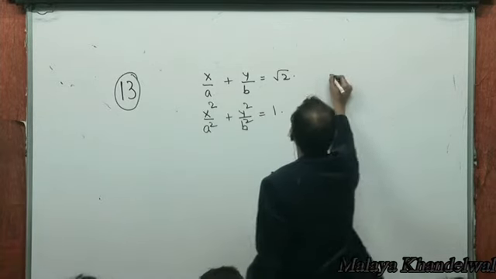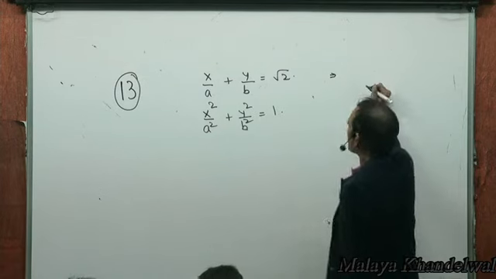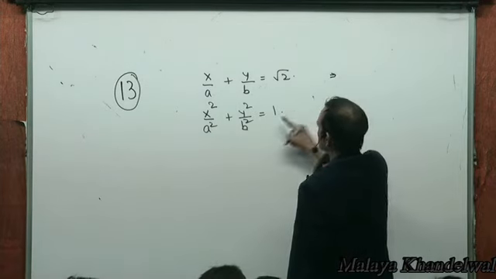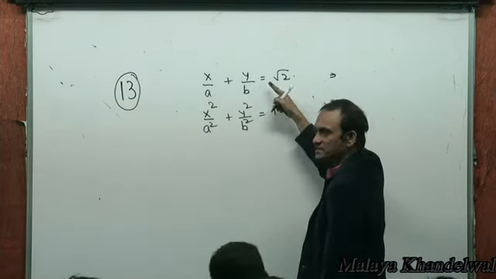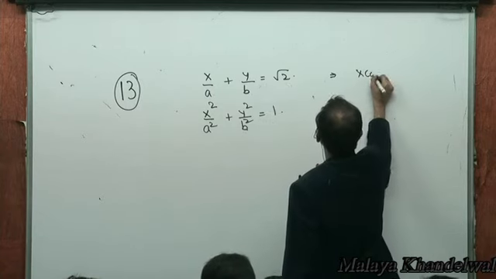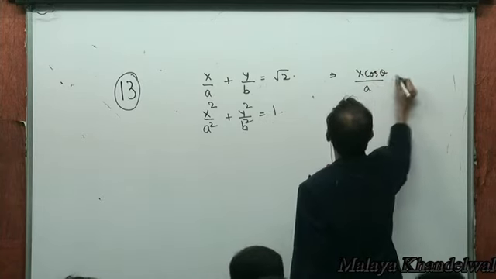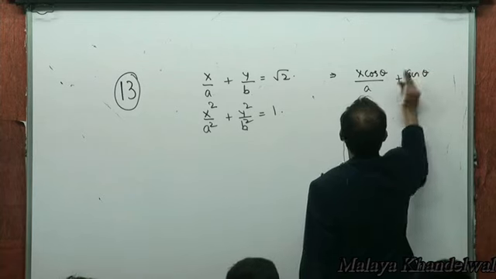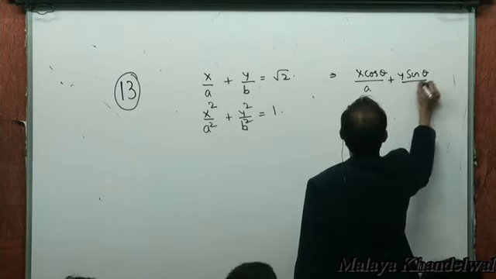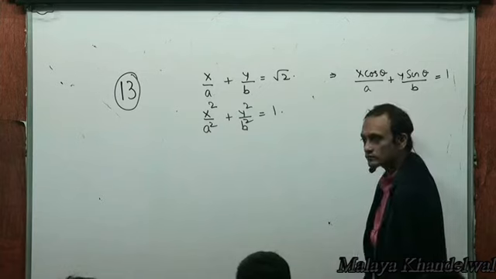Very clearly, if theta was the eccentric angle of the point which represents this tangent, then x cos theta by a plus y sin theta by b must be 1.